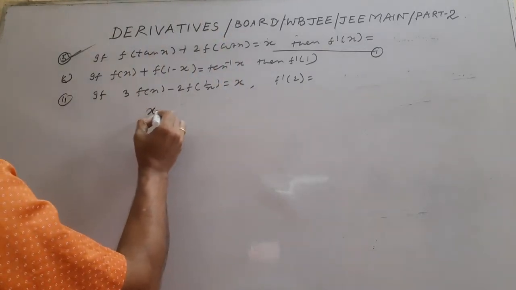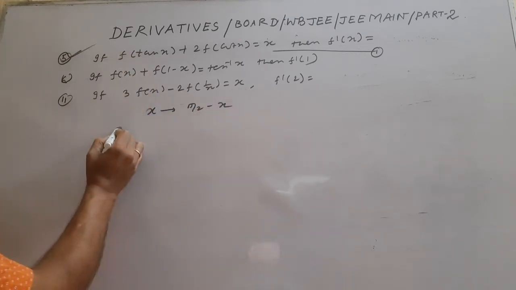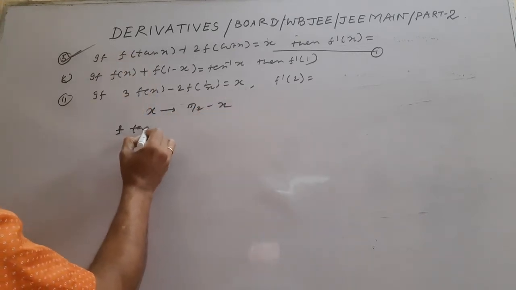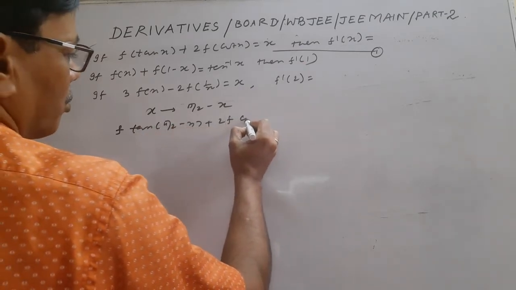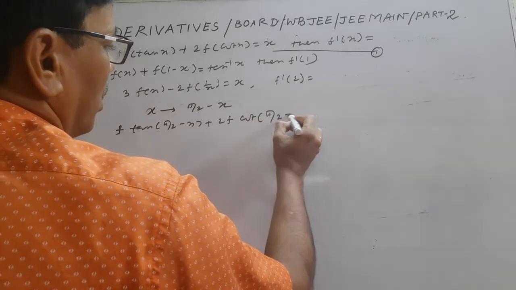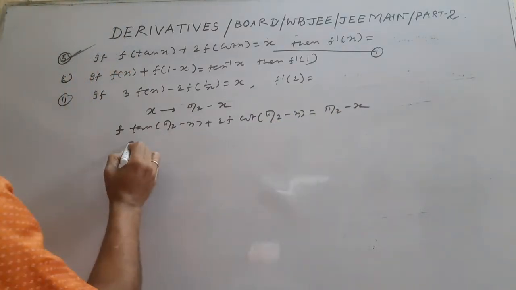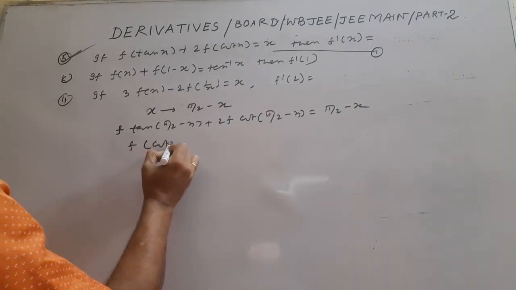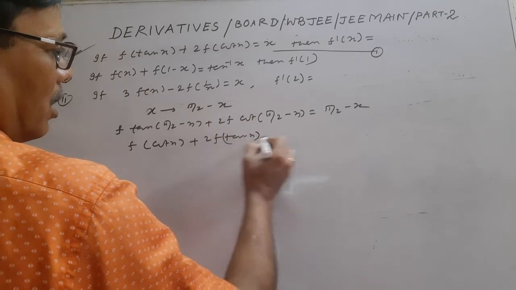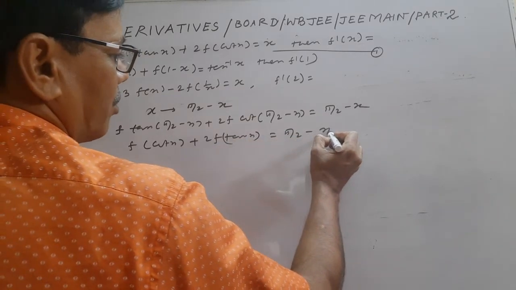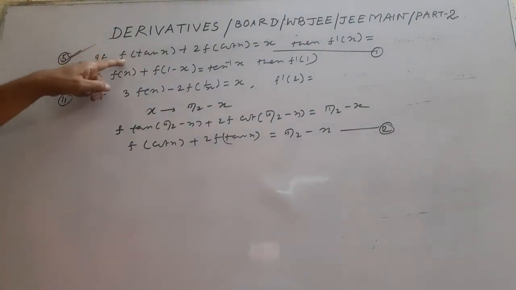So if we change x by pi by 2 minus x, what are we getting? F tan of pi by 2 minus x, 2f cot of pi by 2 minus x equals to pi by 2 minus x. So f cot x, 2f tan x equals to pi by 2 minus x.